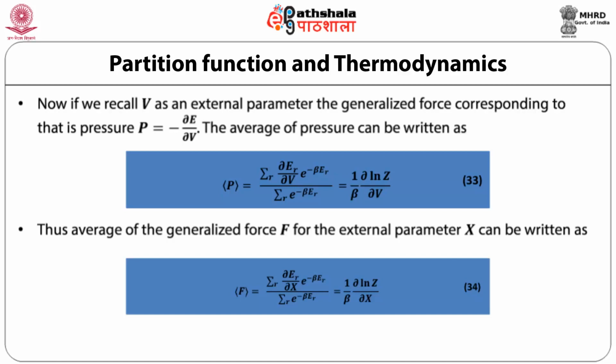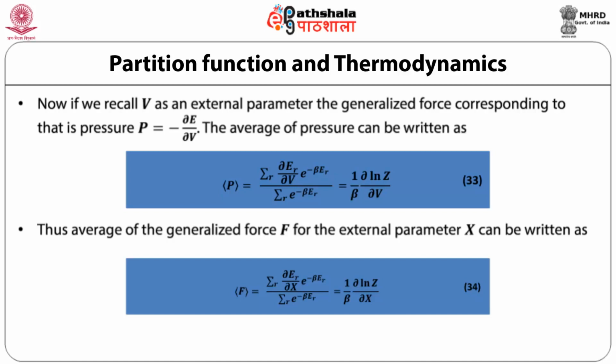The average of pressure can then be written as equal to the summation over R of the partial derivative of ER with respect to V times e raised to power minus beta ER, divided by the summation over R of e raised to power minus beta ER, which is equal to 1 upon beta times the partial derivative of log of Z with respect to V, that is volume.